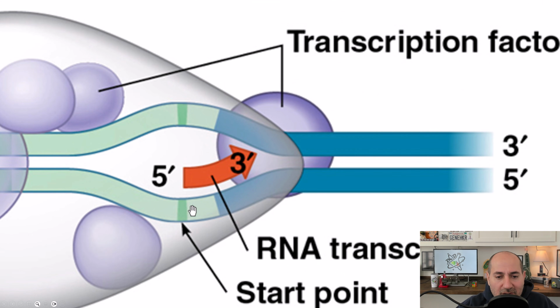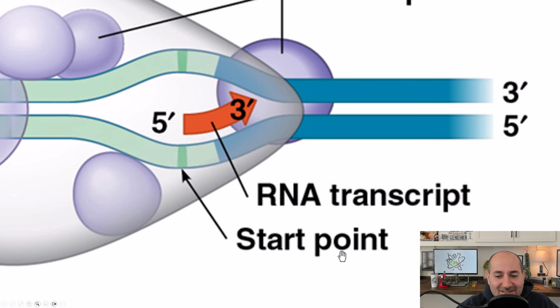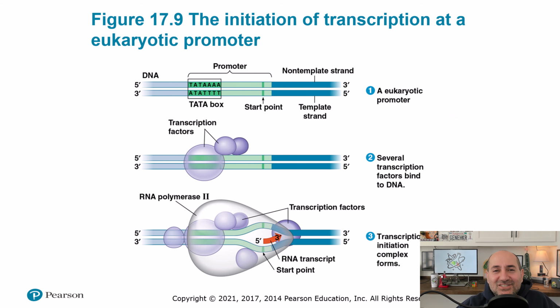Where do we start copying the DNA? We start copying the DNA at the start point. There's a special sequence here, the start point, where the DNA is copied into RNA. The DNA is copied into messenger RNA. Isn't that neat? And again, as I mentioned earlier, please realize that in prokaryotes, these little proteins don't need to attach first before RNA polymerase can attach.